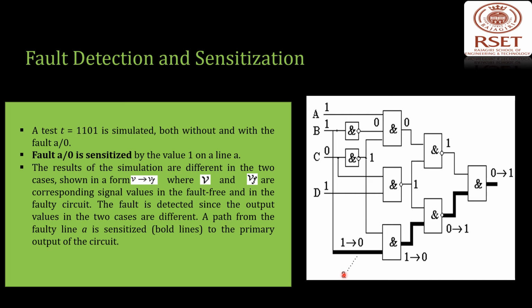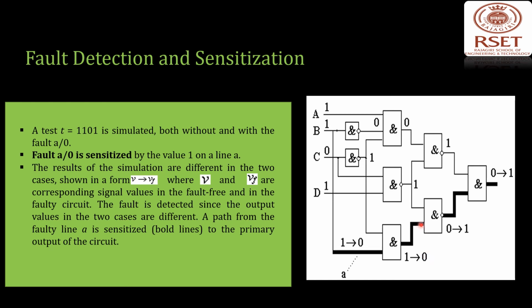Alright. Now, even though 1 reaches here, since it is a faulty line with a fault A stuck-at 0, it gets converted into 0. And this particular fault is propagated to the next level. Though the rest of the things work correctly and 1 was meant to come, if 1 was the correct response, since a fault propagation is happening, it gets converted to 0.